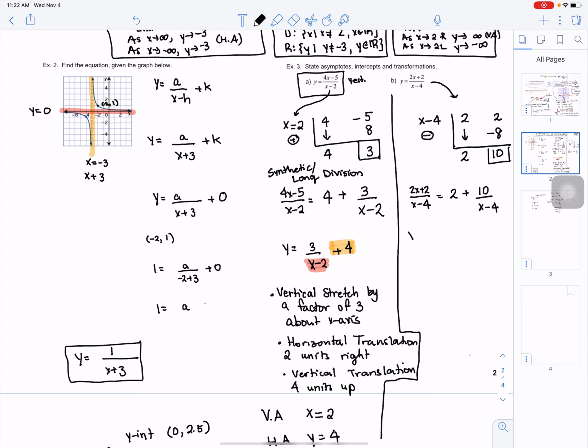Okay, so my function in the a over x minus h plus k format looks like this. So let's describe what's happened. Vertical stretch by a factor of 10 about the x-axis.